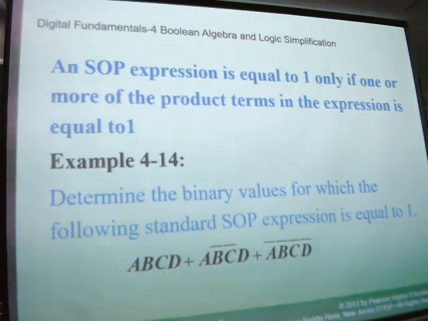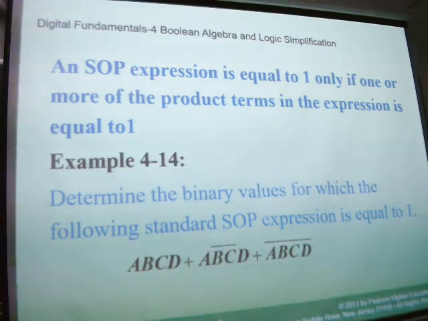An SOP expression is equal to 1 only if one or more of the product terms in the expression is equal to 1. If any product term equals 1, then the SOP expression is equal to 1.